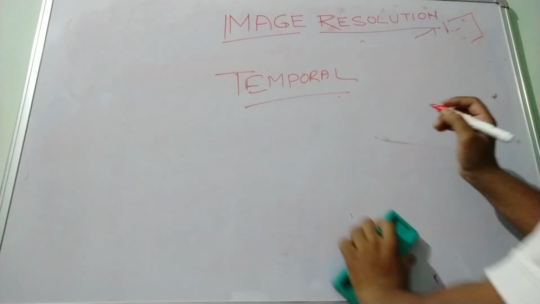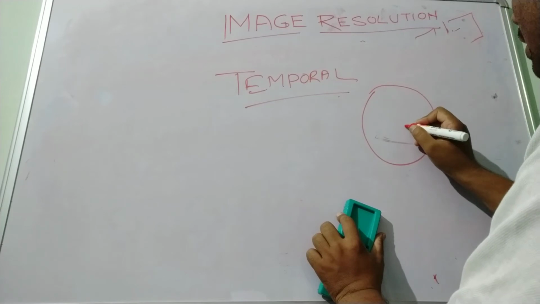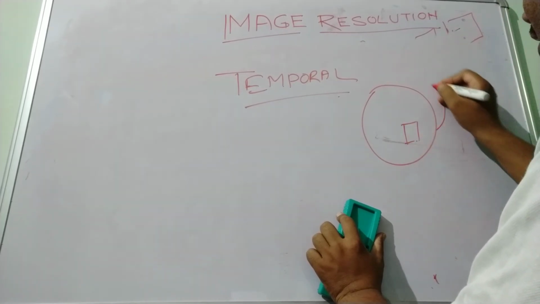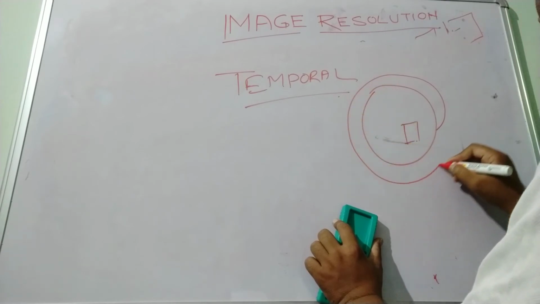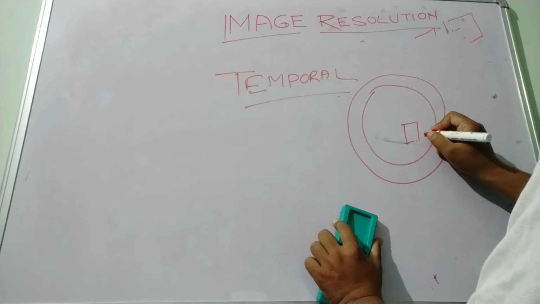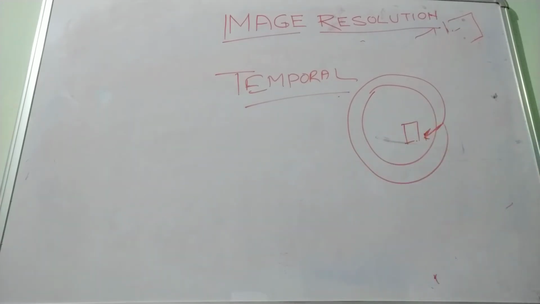For example, this is the area. How much later does the sensor come back to this area, view the object and collect the information? This is the capability of the sensor, the temporal resolution.